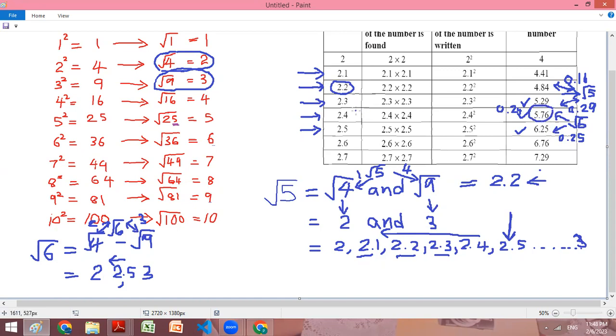Therefore, the answer is 2.4. Then we can write the approximation value of the square root of 6 is 2.4, approximated to the first decimal place.